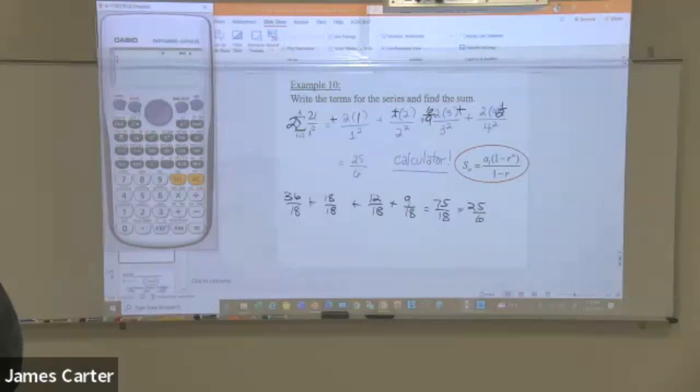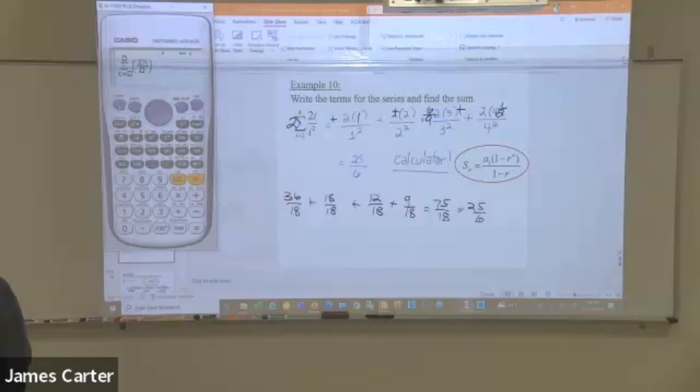Okay. Whoops, wrong button. Shift, summation, fraction 2, x, go down over x squared. I tried a shortcut that didn't work.